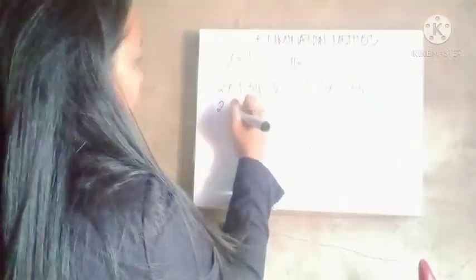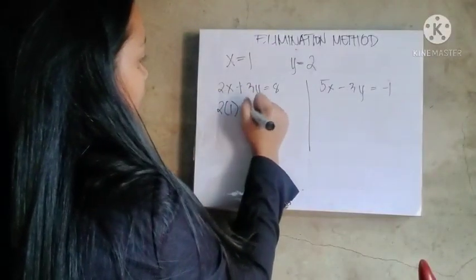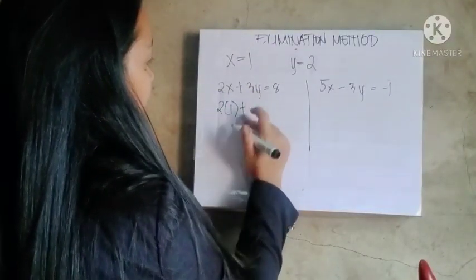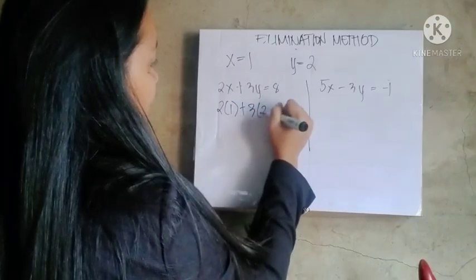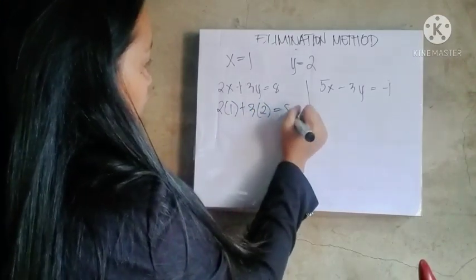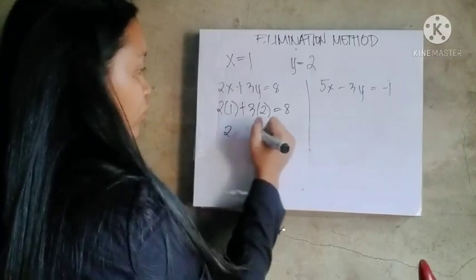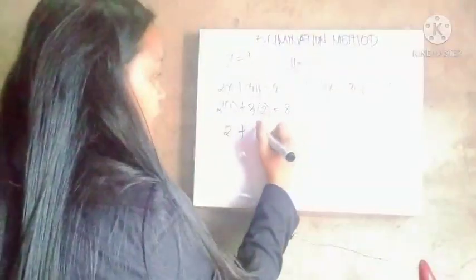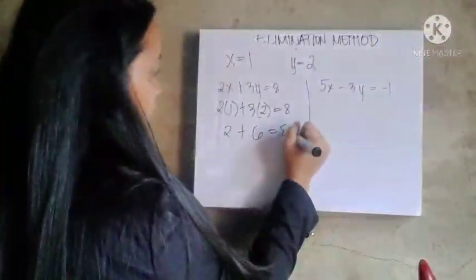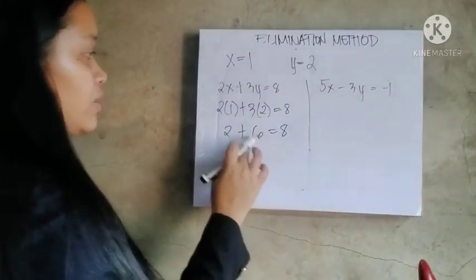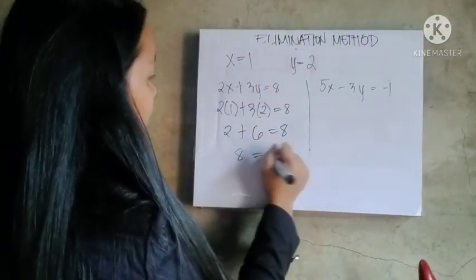So, 2 times 1 plus 3 times 2 is equal to 8. So 2 times 1 is equal to 2, plus 3 times 2 is equal to 6. So 6 plus 2 is equal to 8.